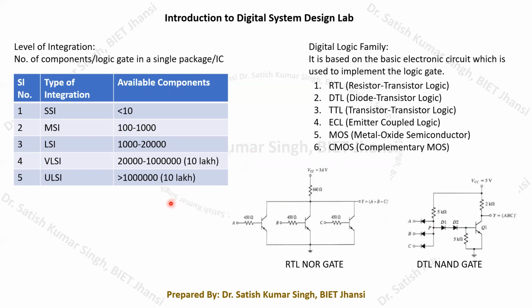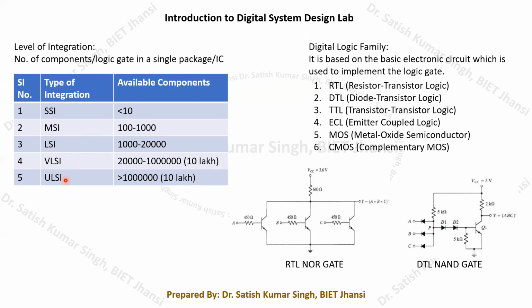Generally, integrated circuits are classified into these 5 categories. You remember these 5 categories of integrated circuits, based on the number of components, or you can say the number of logic gates, that will be available in that particular IC.